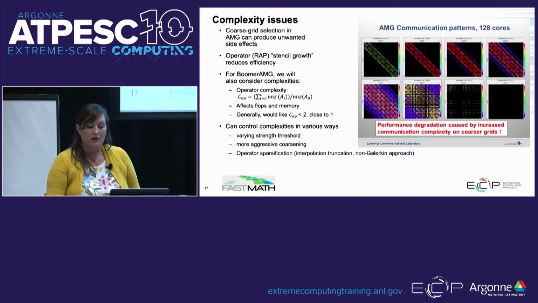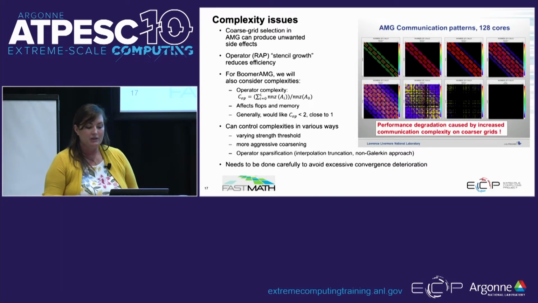One is with aggressive coarsening, where essentially we coarsen twice. But we need to do all of these things with care, as it can cause convergence deterioration, and we don't want a very fast, effective method that doesn't converge well. So there's a trade-off here. We'll play around with that aggressive coarsening scheme in our hands-on exercises.